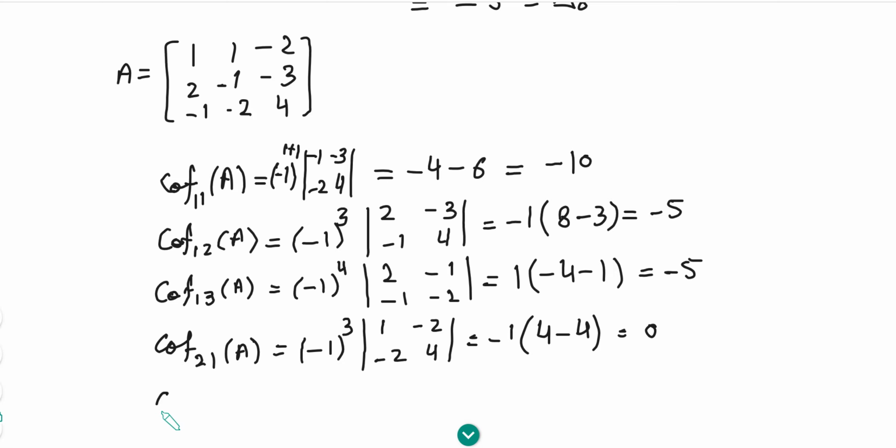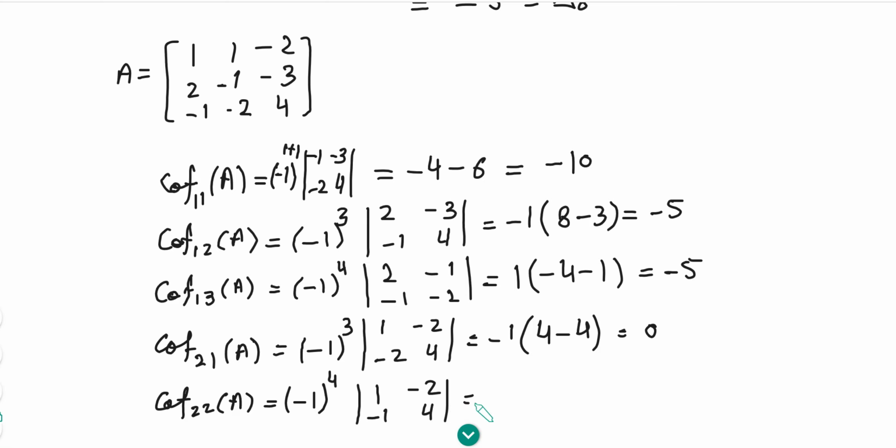So the next cofactor is 2 2 of A. First of all the sign: negative 1 power 4 will turn into positive. Now the second row and second column have gone. The minor we are left with is 1, negative 2, negative 1 and 4.